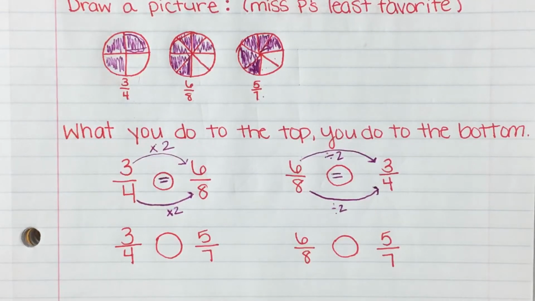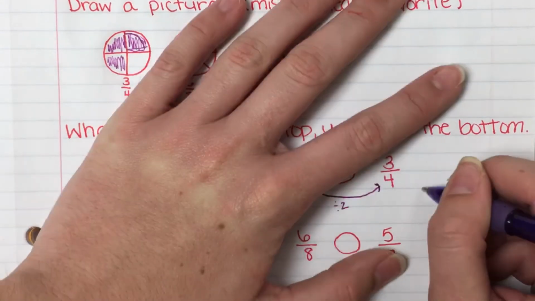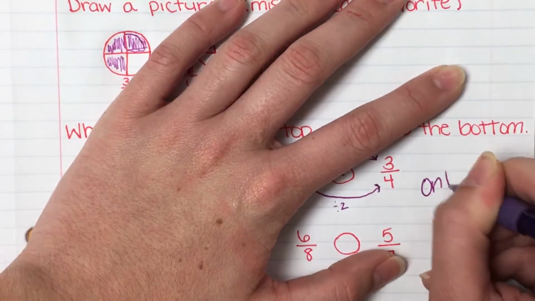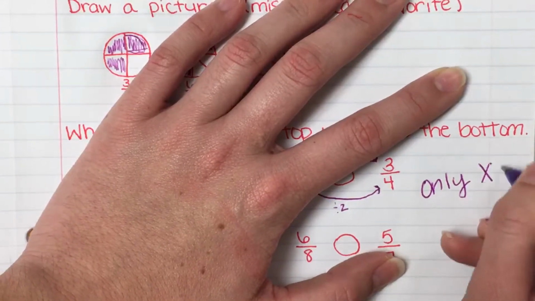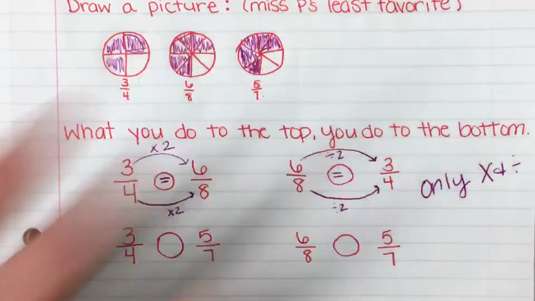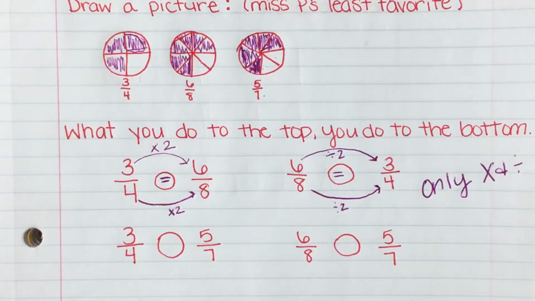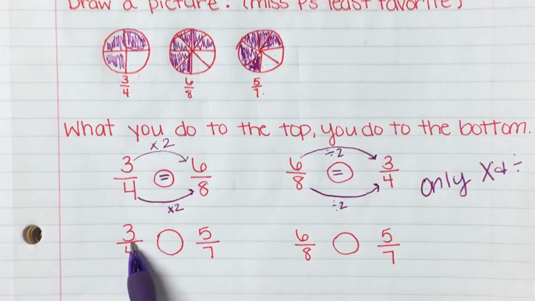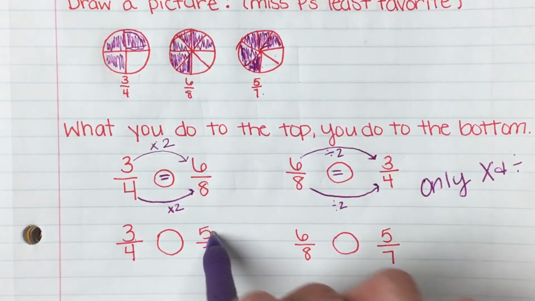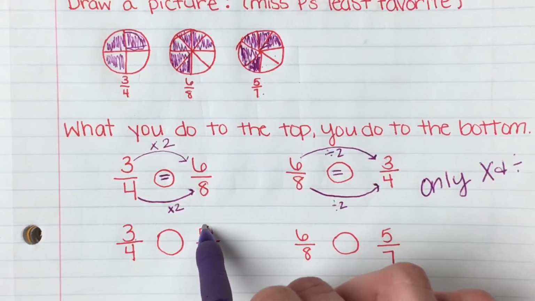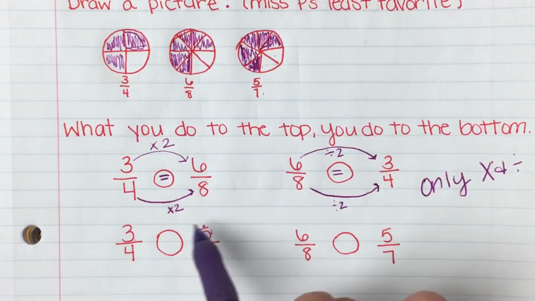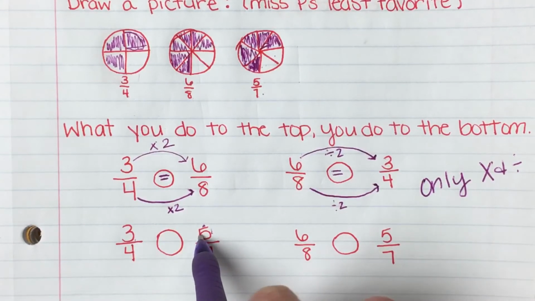And when we're talking about what we do to the top, we do to the bottom, we're talking only about multiplying and dividing, not adding and subtracting, only multiplication and division. All right, well, how do I get from 3 to 5? I can't multiply by anything, and I can't divide by anything.